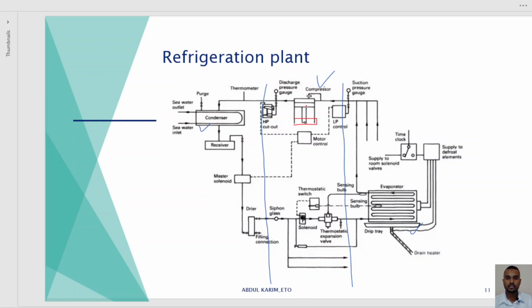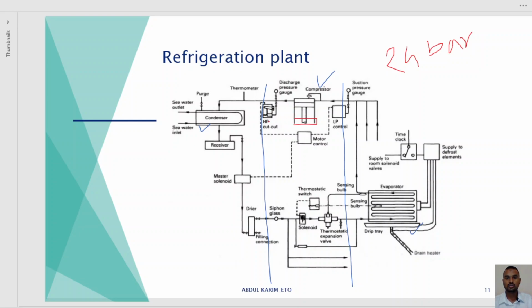When the compressor reduces the refrigerant volume, at discharge the refrigerant temperature and pressure will be high, and it goes through the high pressure cutout. One thing to remember: if the pressure exceeds 24 bar, the high pressure cutout will cut off the compressor.